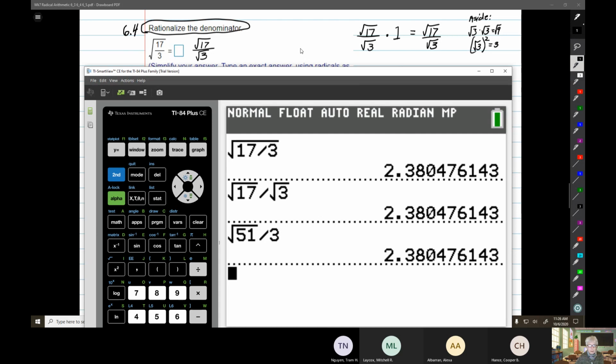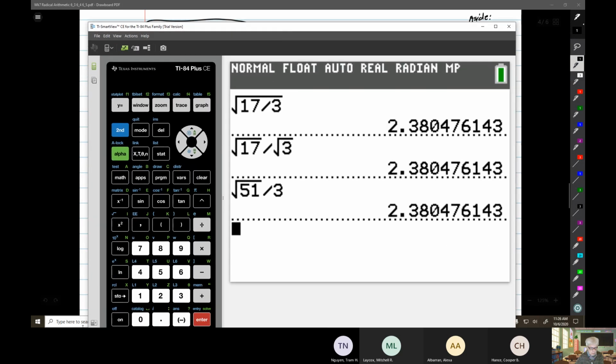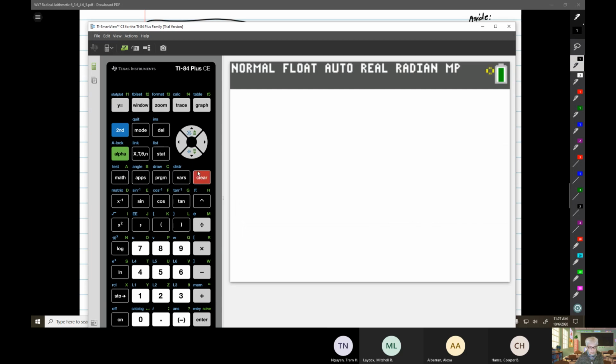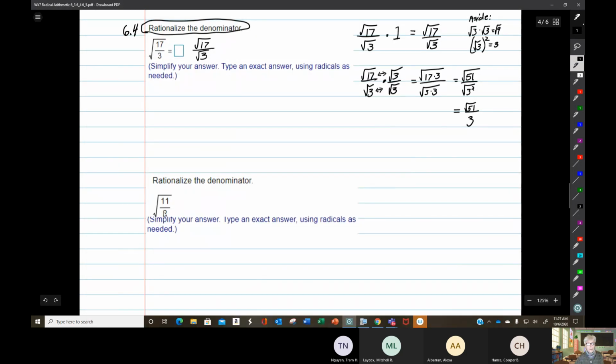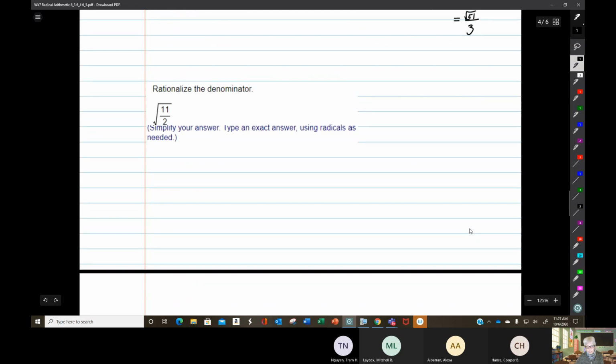Okay, clear. Where's clear? There's clear. We're going to do it again, the exact same kind of problem. The square root of 11 over 2 equals the square root of 11 over the square root of 2. But there's a radical on the bottom. Oh no!